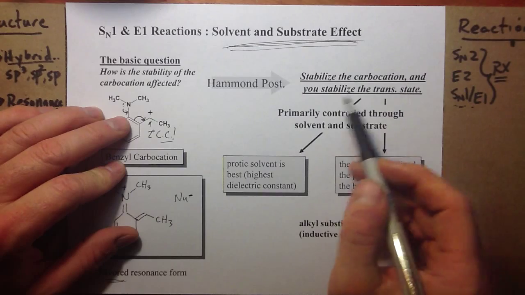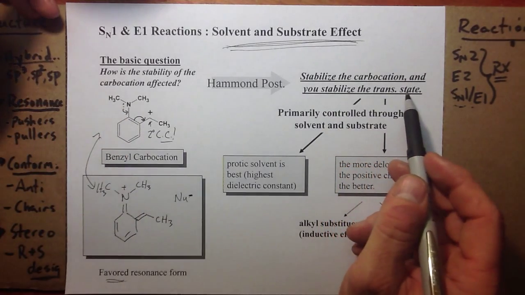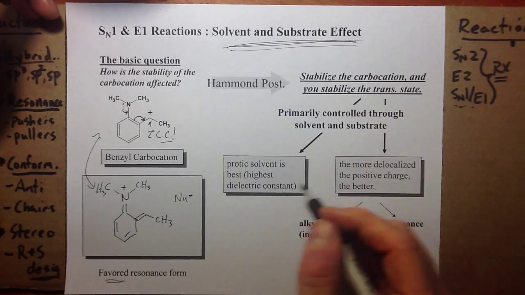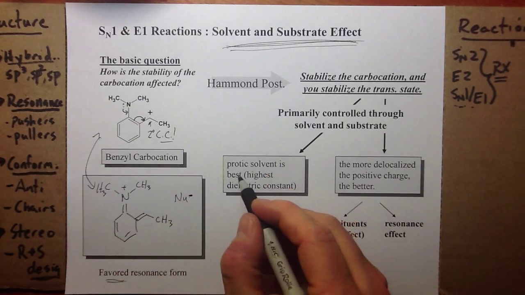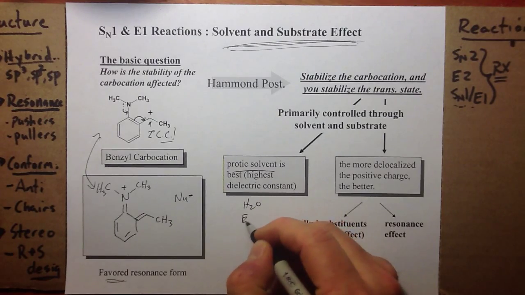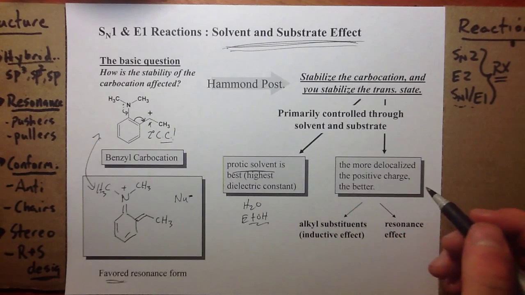So if we can stabilize the carbocation, you can increase the rate of reaction. You're stabilizing nearby transition states. What's best to stabilize these carbocations? Well, solvent. You want a protic solvent, water, ethanol. These are great solvents for carbocations that have high dielectric constants.